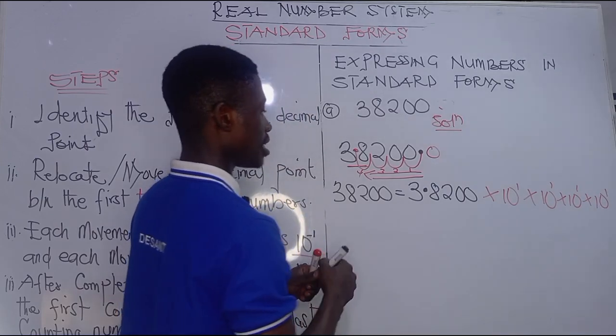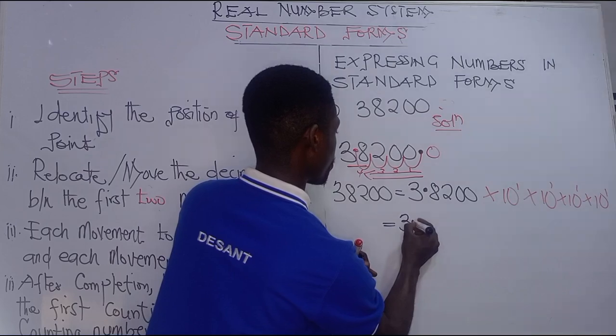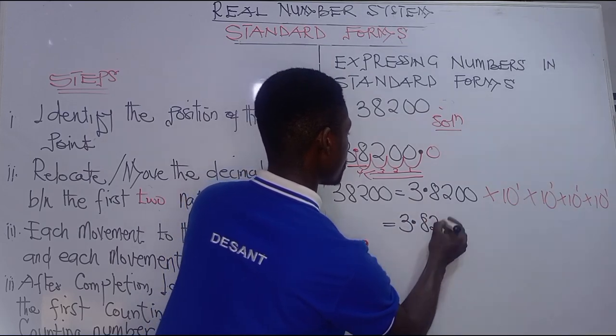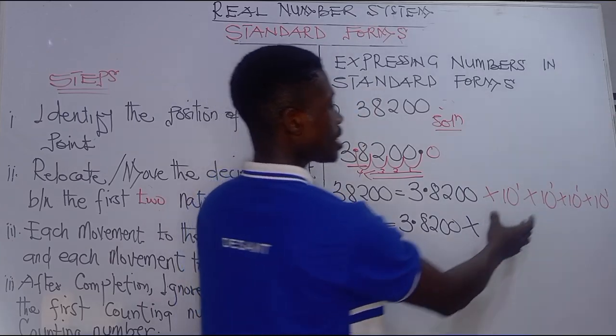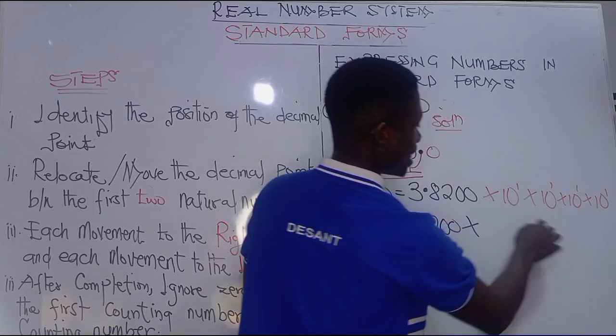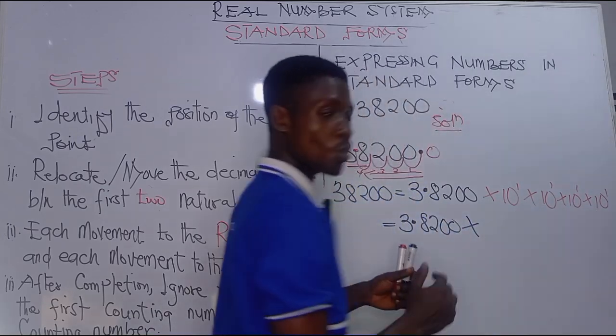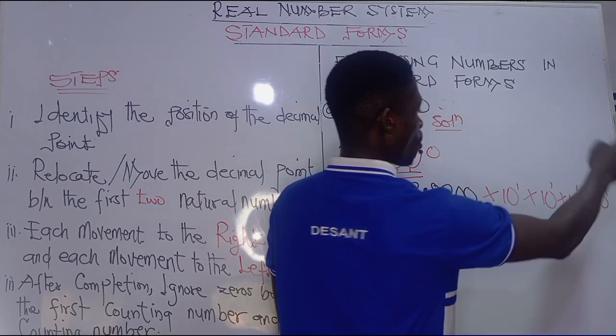Now let's continue and perform some simple algebra here. So we have 3.8200 times 10 power 1 four times. Now we know that in indices, when two or more numbers are multiplying and they have the same base, we pick one of the base and add their exponents.